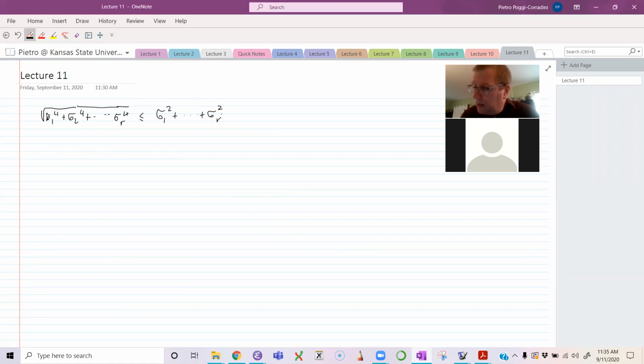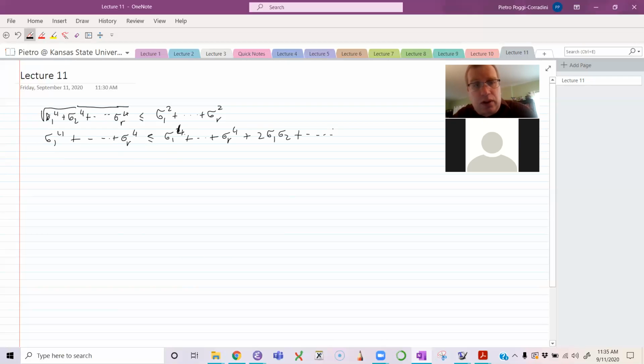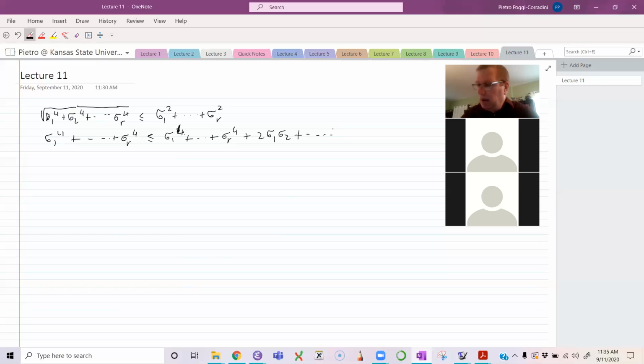And to see that, just square both sides, then you eliminate the square root. But on this side, when you square, you don't only square the diagonal terms, which become fourths, but then you have all the other cross terms. So that makes sense. Yeah. All right.